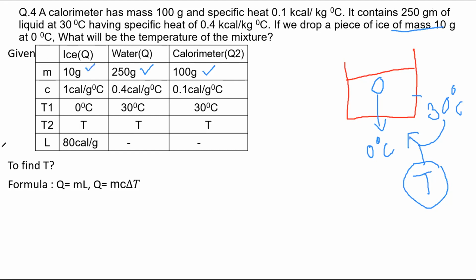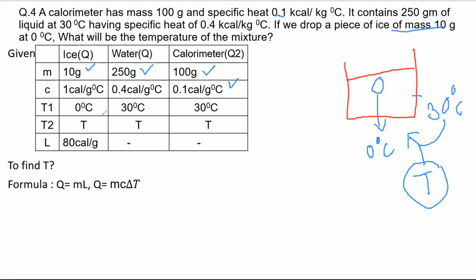Now, specific heat of ice we know is constant, 1 calorie per gram degree Celsius. Then specific heat of liquid is given 0.4 kilocalorie per kilogram degree Celsius, that is 0.4. Then specific heat of calorimeter is given, that is 0.1.